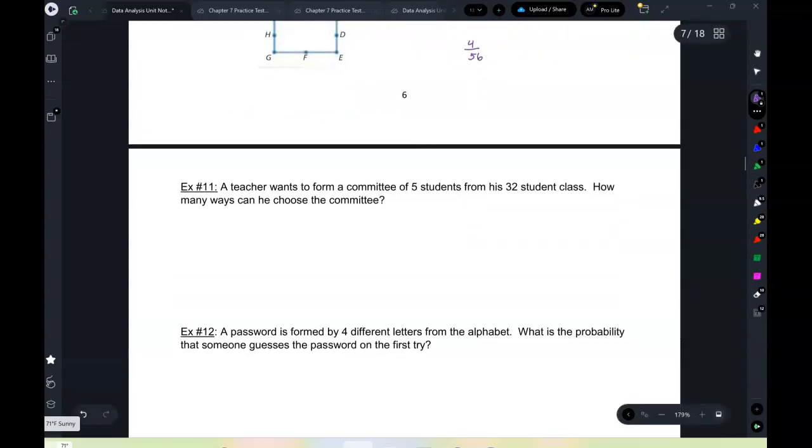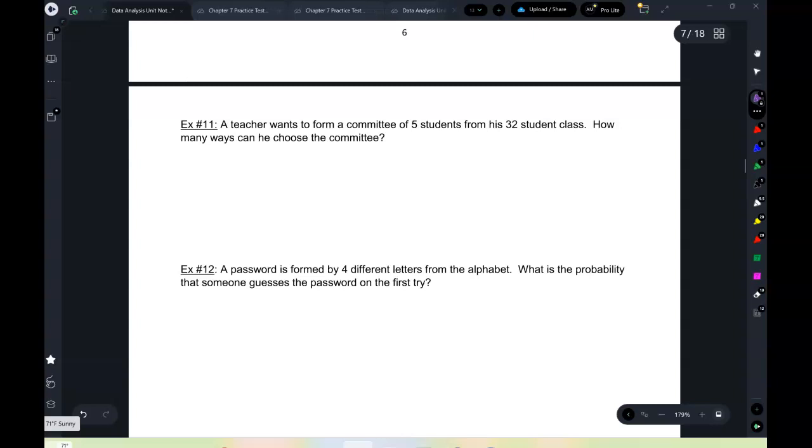So a teacher wants to form a committee of 5 students from his 32 student class. How many ways can he choose the committee? Is this a combination or a permutation? It's a combination. So now go ahead and take out your calculators. You ready?